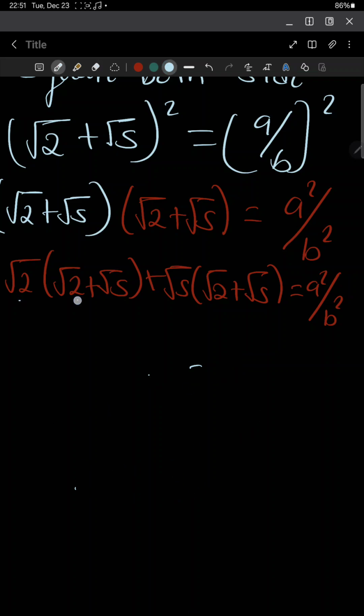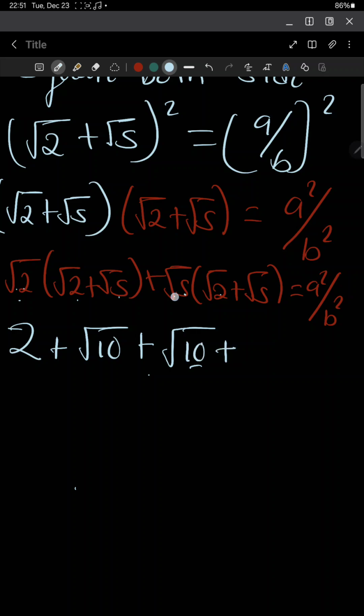Square root of 2 times square root of 2 is 2. Plus square root of 2 times square root of 5, we say 2 times 5, it is square root of 10. Plus the same again, square root of 10. Square root of 5 times square root of 5 is square root of 25, which is 5.